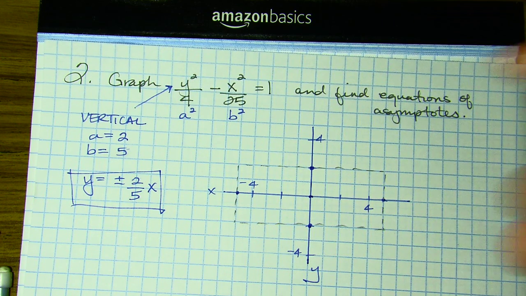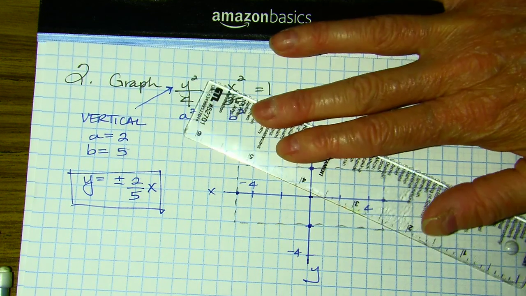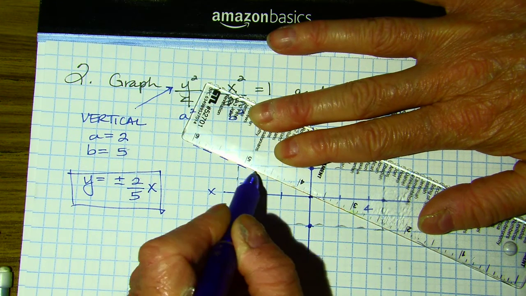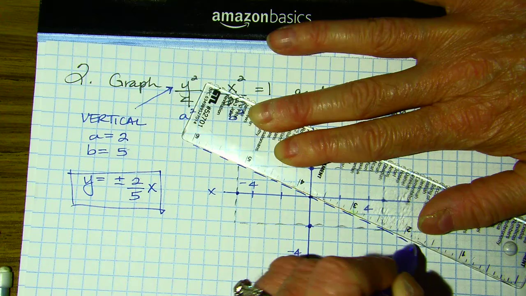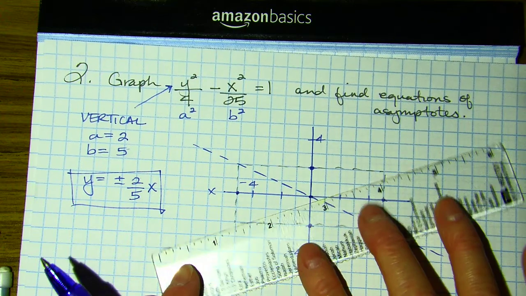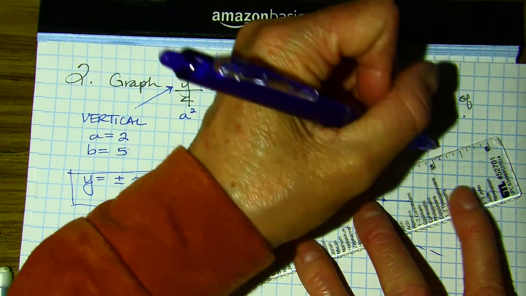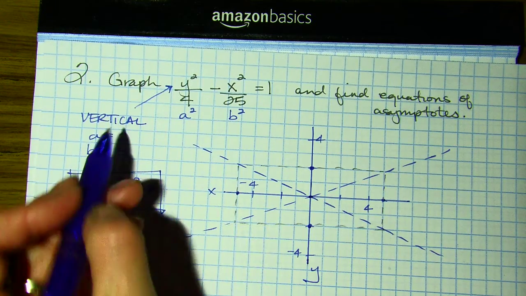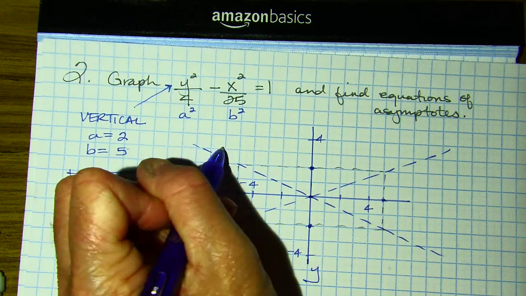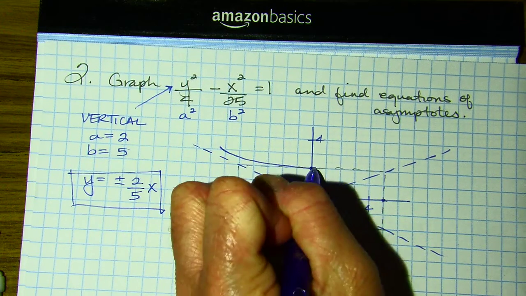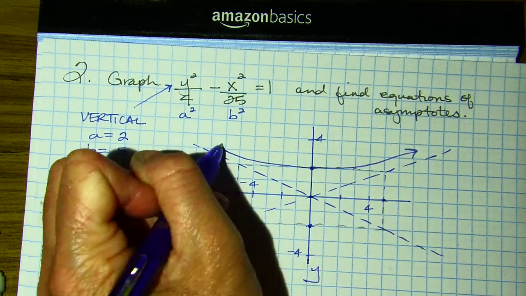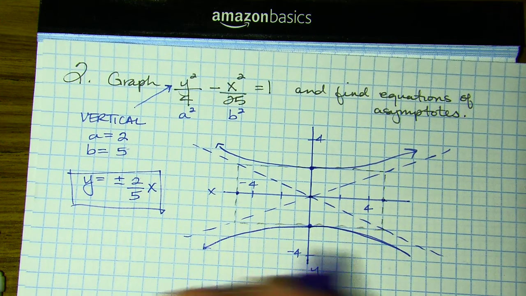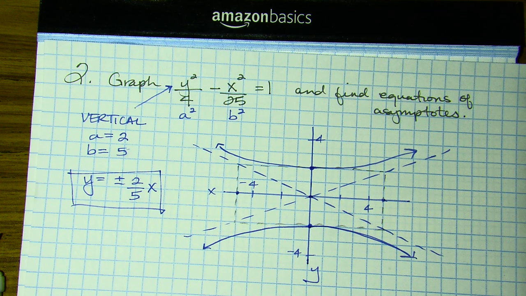My asymptotes should be through the corners of my rectangle. And because it's vertical, my vertex is up here, so it's going to open up really wide, pointing to the top and bottom. And there is our graph.